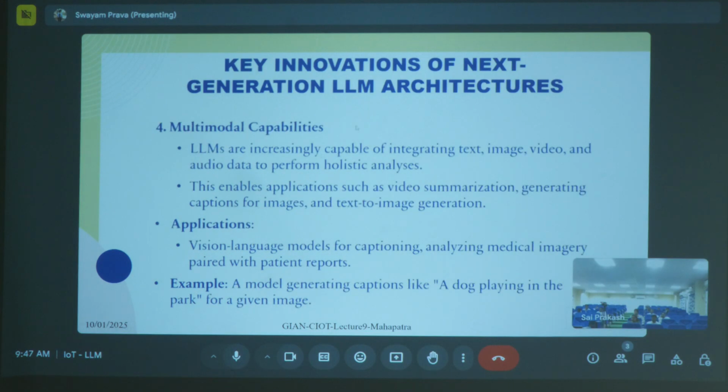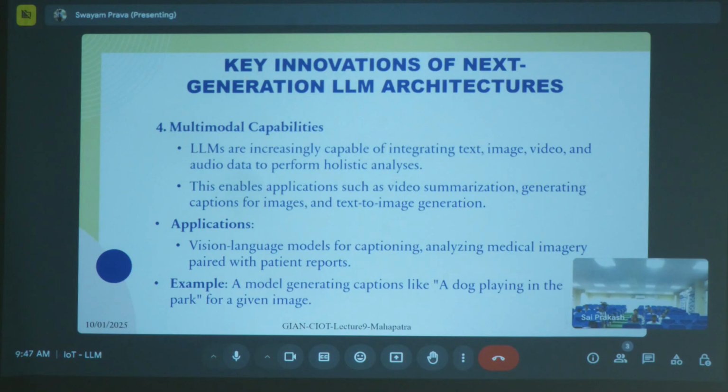Then we have the multimodal capabilities, which we talked about in brief before. The LLMs are increasingly capable of integrating text, image, video, and audio data to perform holistic analysis. This enables applications such as video summarization, generating captions for images, and text-to-image generation.